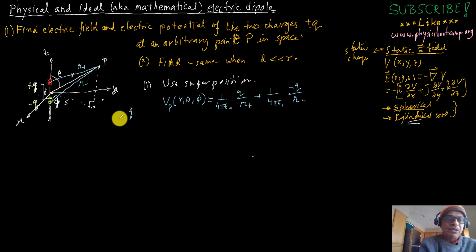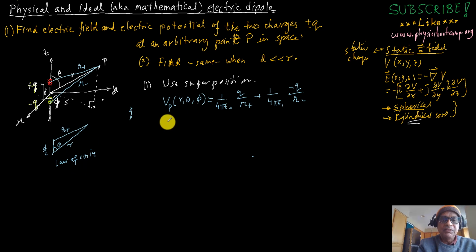So how do we get r plus? Look at this triangle. This side is d over 2, this side is r, this is theta, and this is r plus. So the law of cosines can apply, and that gives r plus equals the square root of r squared plus (d over 2) squared minus 2r times d over 2 cosine theta.